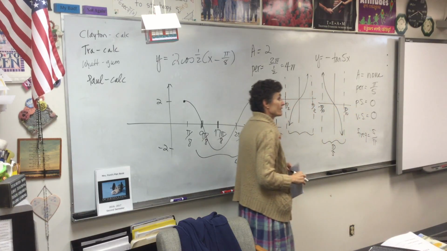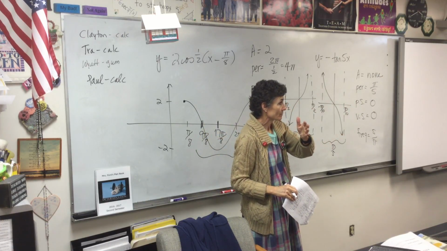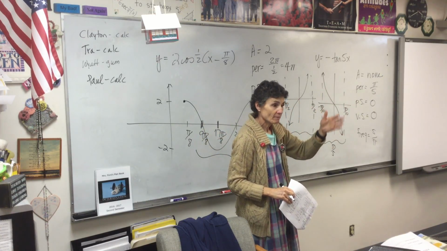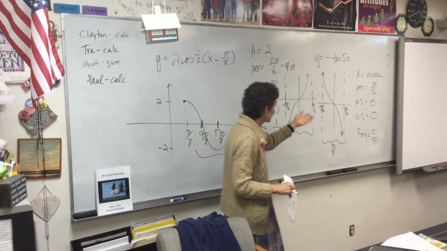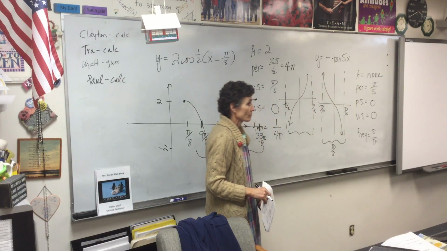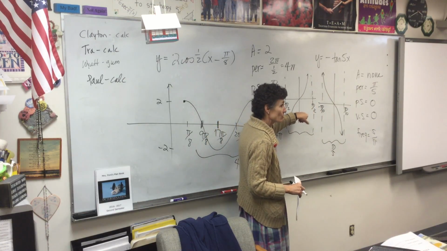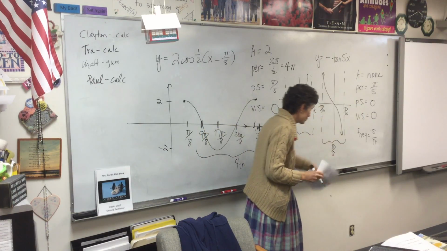If the whole thing is pi over 5, don't we have to go half this way and half this way? So half of a fifth is a tenth. So we're going to go a tenth both directions. And that's it, right here. This is the one. For your reference, this is a normal tangent. This is the answer to the question.